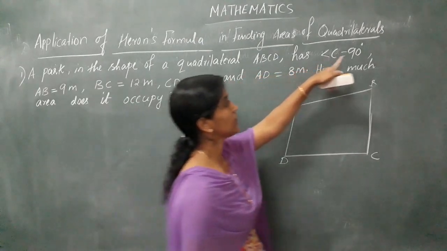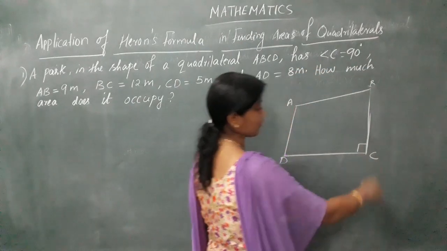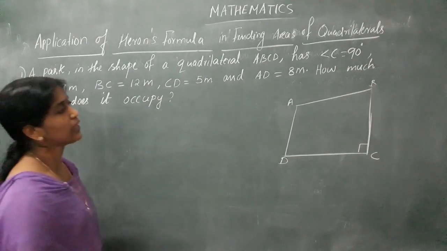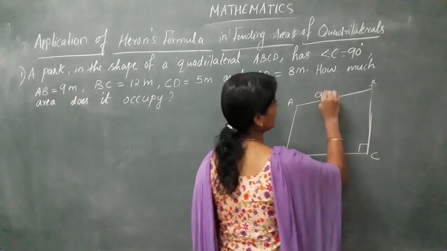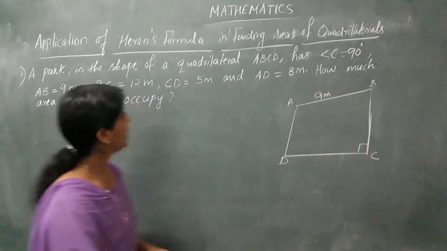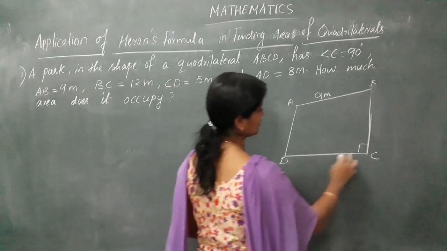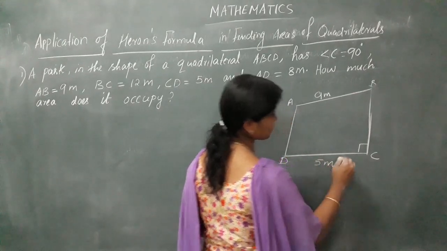Angle C is equal to 90 degrees, so this angle is a right angle. Now AB is equal to 9 meter. Then CD is equal to 5 meter.